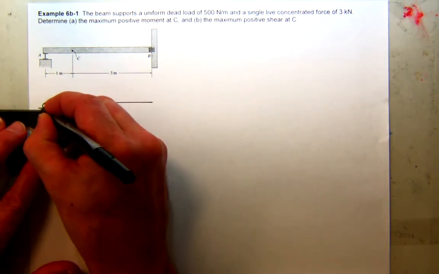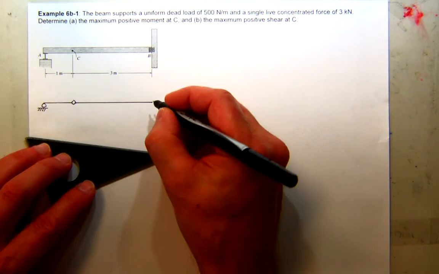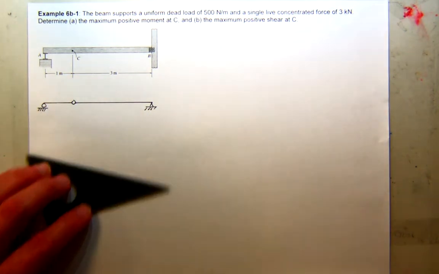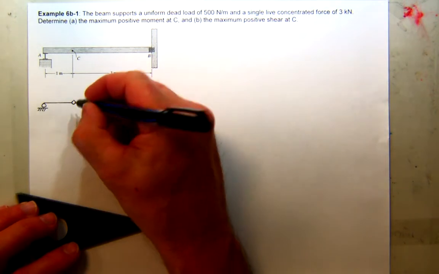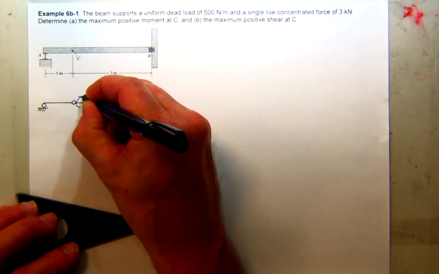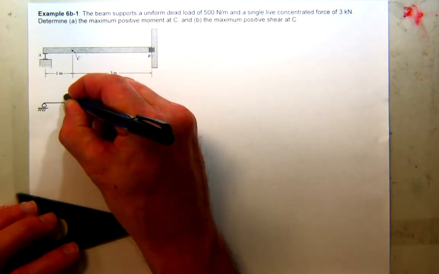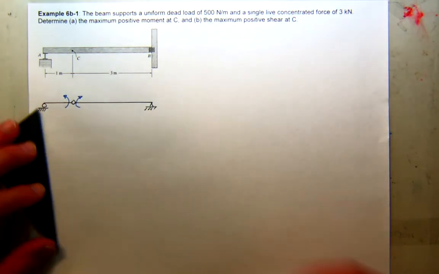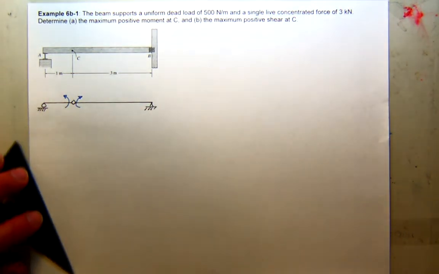At A we have a roller support, and at B we have a pin. And then come back and imagine positive bending moment on both sides. And that should help us with the shape of the curve.